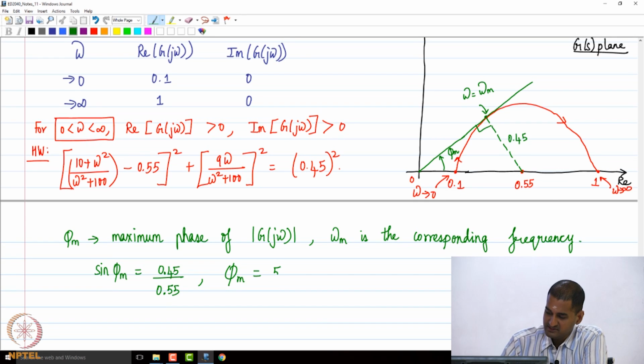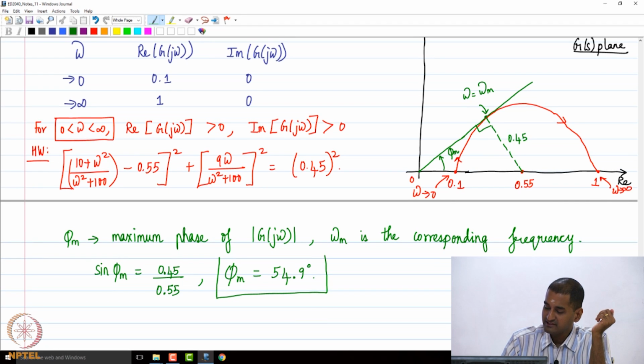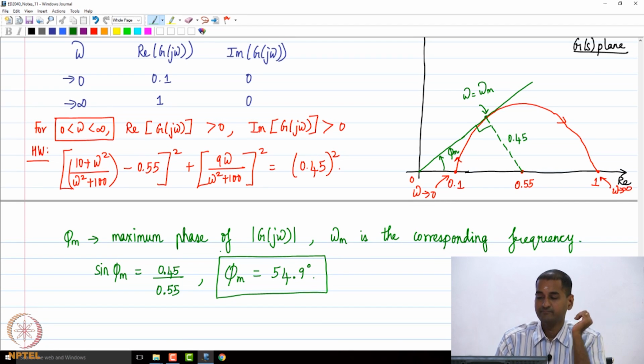So this is 54.9 degrees. Essentially you can see that this is the maximum phase that is contributed by this particular transfer function.